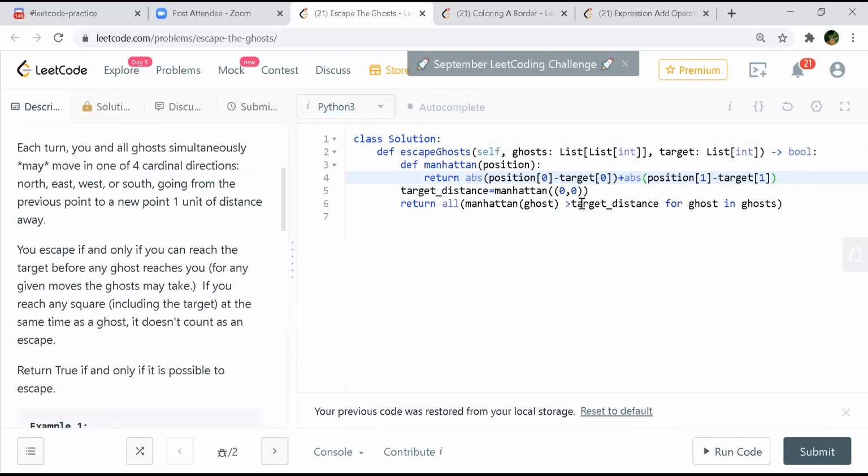For every ghost, I'm calculating the Manhattan distance, and it should always be greater than this for every ghost. That's why I'm using all this here. If all of them are true, then only it will return true.